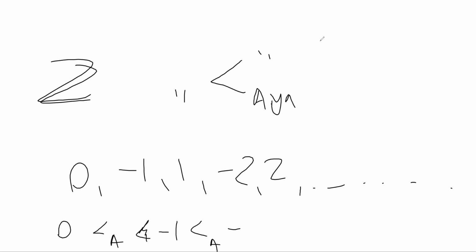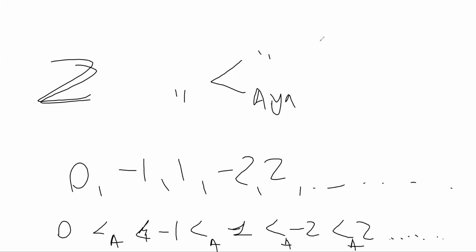But if I choose, for example, Z and define a specific order myself, I'll call it the order Aiya came up with. It may be quite ugly, but it doesn't matter. I order them as 0, -1, 1, -2, 2, and so on.